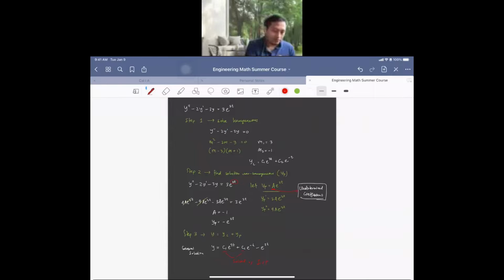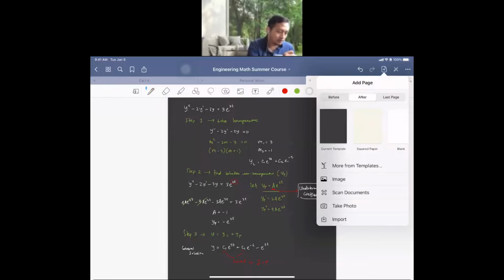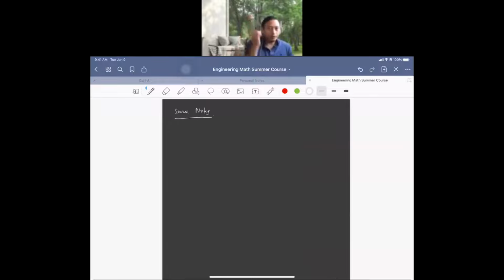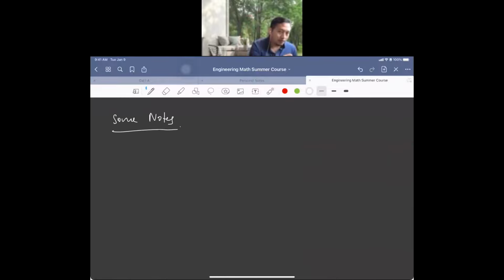Okay, some restrictions first before we move on to more complicated ones. So some restrictions or some notes. If we have y double prime minus 2y prime minus 3y equal, let me write this, 3e^-t.